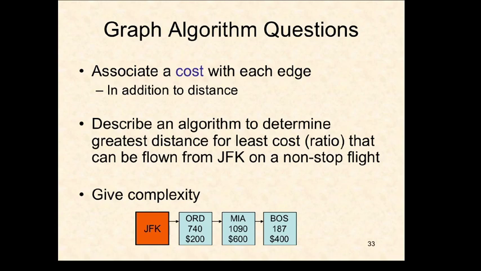And to put some values in here, for example, this one would be 3.8 if we're talking about miles divided by dollars. So that would be 3.7, 1.8, 0.47 approximately.